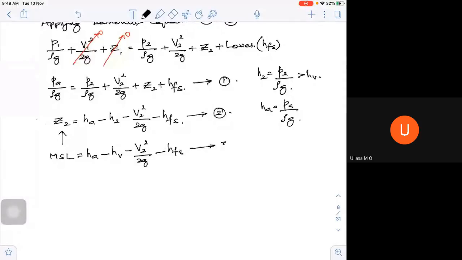At any given point, MSL is given by this expression, equation number 3. This gives my maximum suction lift. I'm just applying Bernoulli's equation to get the expression.